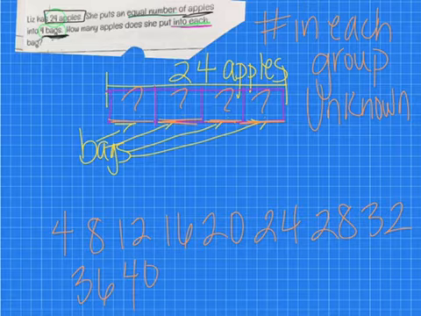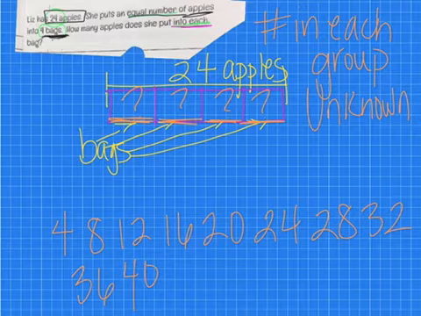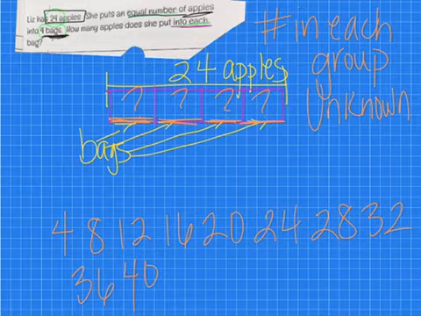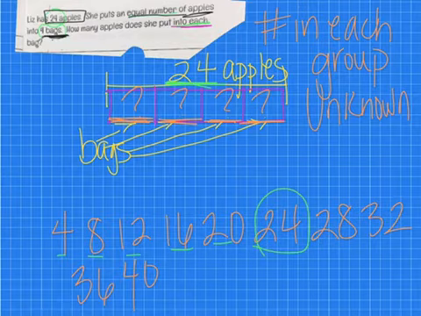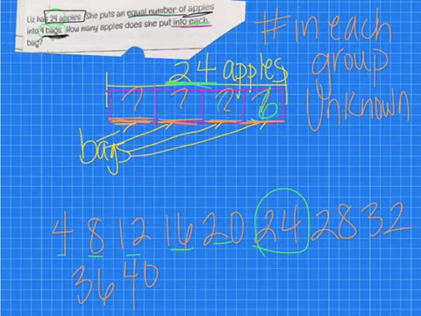The reason that I'm skip counting by 4 is because I know that I have 4 groups and I want to put an equal number into each bag. So starting with what I had, 4 groups, I can now count and stop when I get to 24. So 1, 2, 3, 4, 5, 6. So that tells me that Liz put 6 apples into each bag.